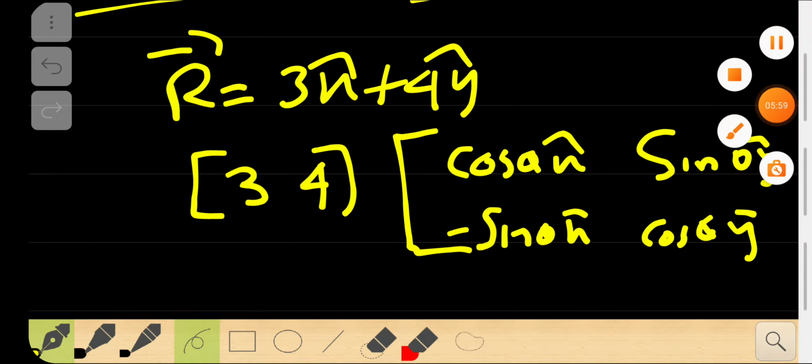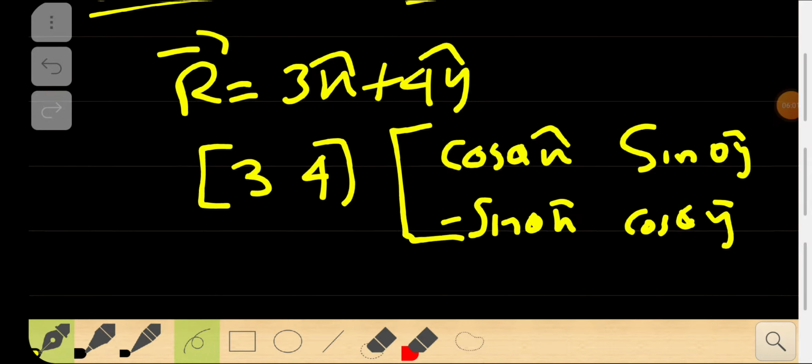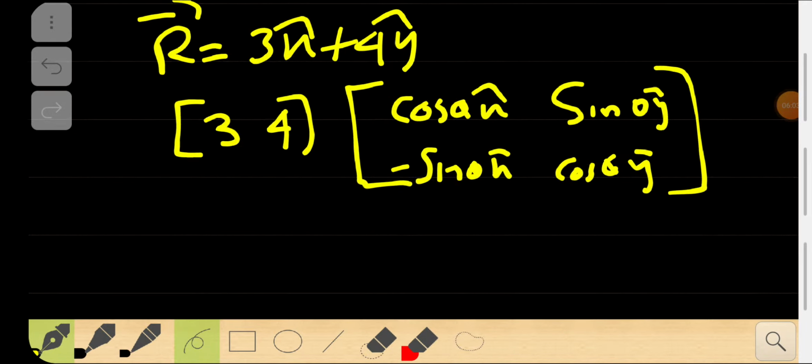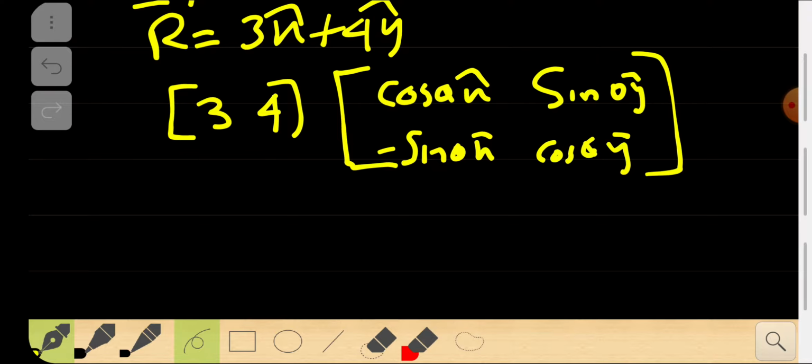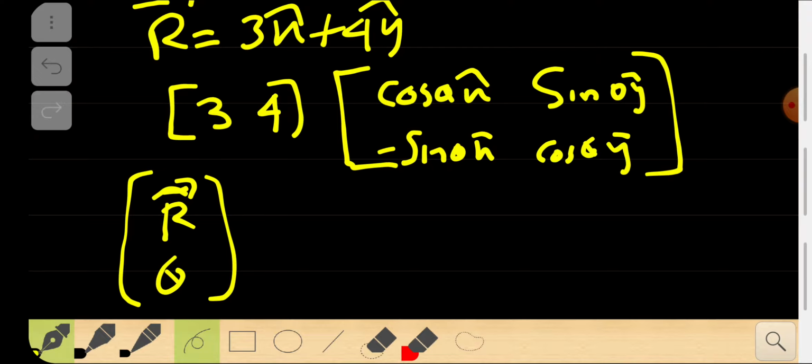So you can vectorially multiply them both and you get something in terms of a new coordinate axis system, which is the r and theta coordinate system, vector r and theta coordinate system. So that's the new coordinate transformation.